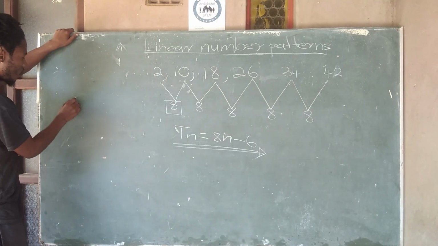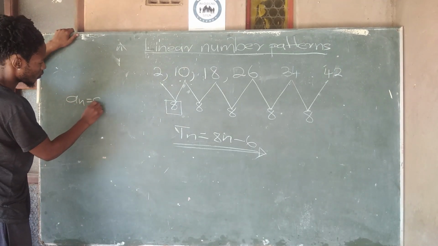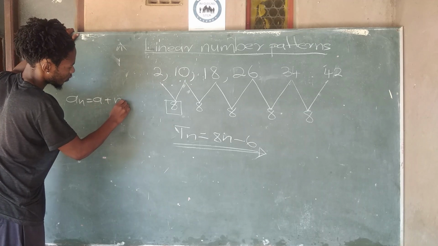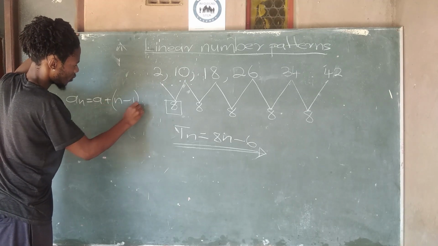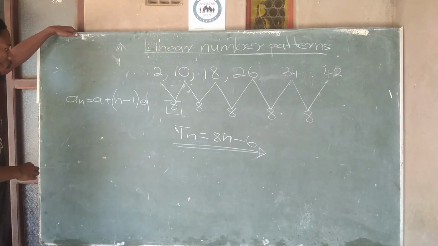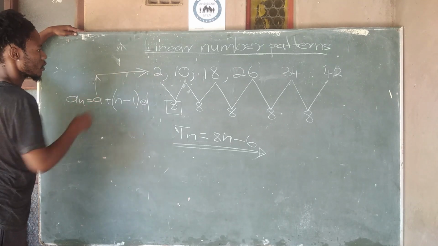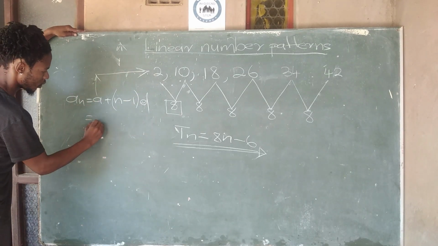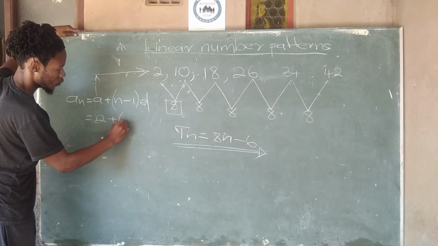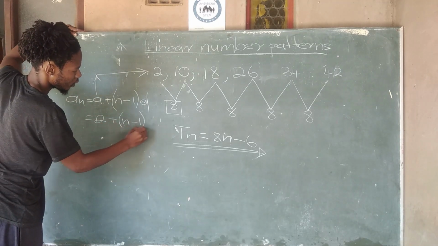Let's go and find this general term by using our own formula. The formula for general term. This is the formula. So let's go and substitute. This is the first term of the sequence. It's number 2. So this is 2 plus n minus 1, d is 8.